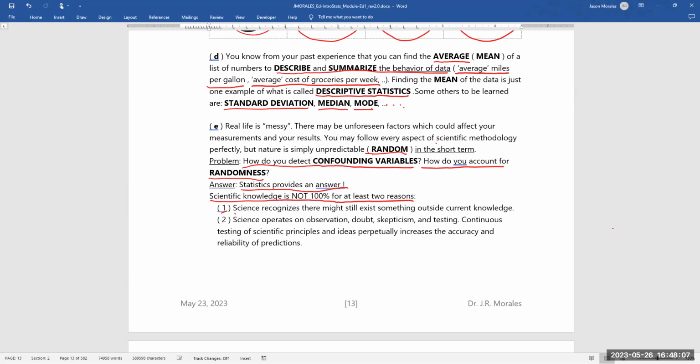Number one, science recognizes there might still exist something outside current knowledge. Two, science operates on observation, doubt, skepticism, and testing. Continuous testing of scientific principles and ideas perpetually increases the accuracy and reliability of predictions.